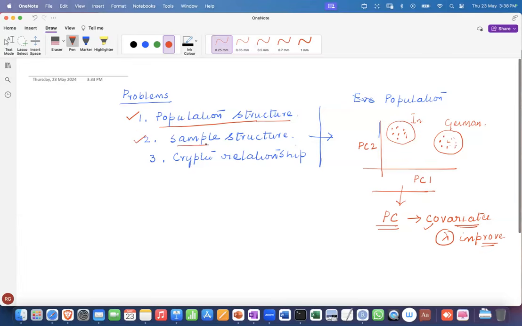The sample structure. If you look at the sample structure, you exactly don't know how many of these samples have certain ancestors that may be common, right? What the sample structure is, you don't know. So both of these can be corrected by using a matrix called a relationship matrix in your GWAS.